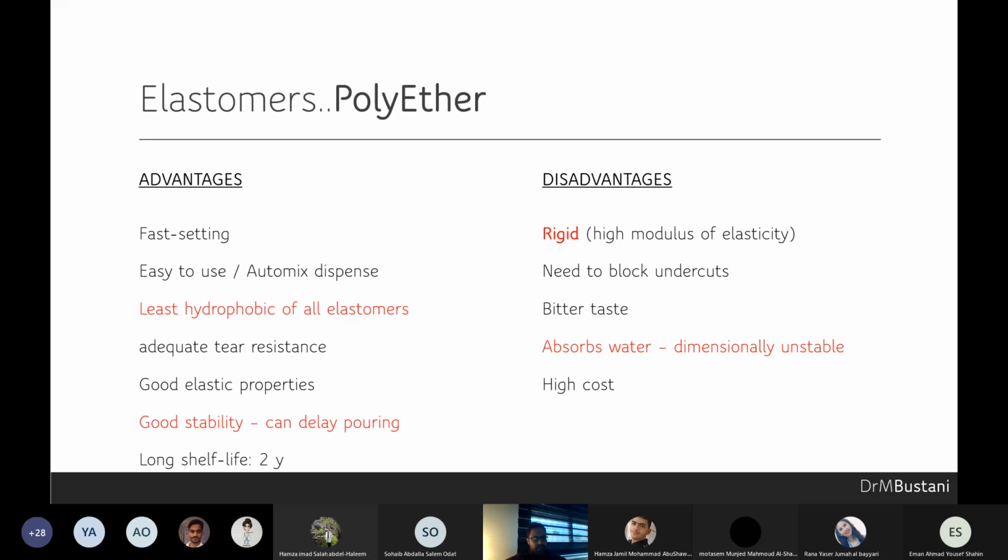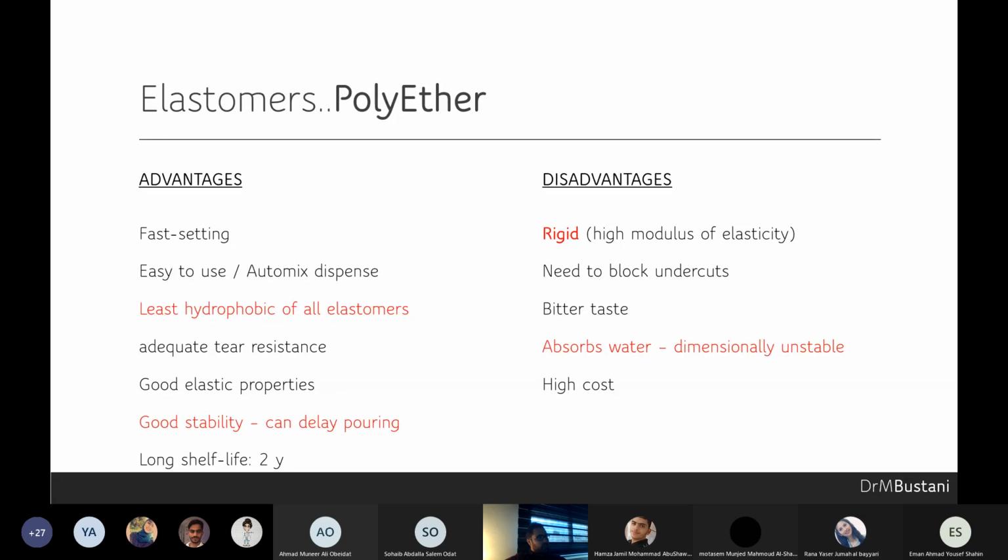It has a bit better taste, but it's better than polysulfide. It absorbs water, so it's dimensionally unstable if you aren't careful upon storing or disinfecting it. Plus, it's higher in cost than polysulfide and silicone.